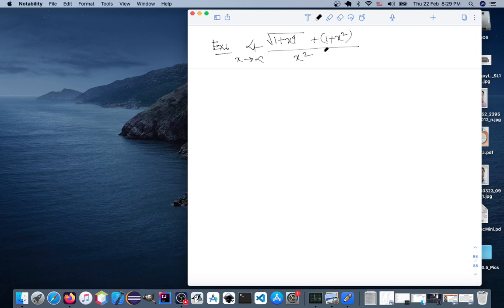So it is of the form infinity by infinity, which is basically infinity by infinity form.